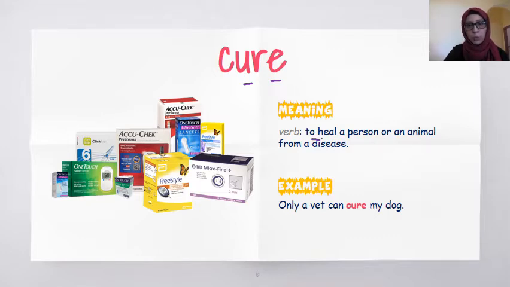It means to heal a person or an animal from a disease. Let's put it in a sentence. For example, only a vet can cure my dog. So I'm waiting for your sentences and your creativity in making sentences using the word cure.